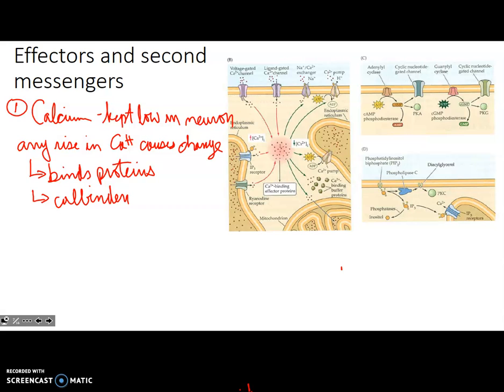And all calbindin does is sponge up free calcium. When calcium really comes in, though, like when it floods in, it exceeds whatever calbindin can bind up, and it binds to other calcium-sensitive proteins. A common one is calmodulin.